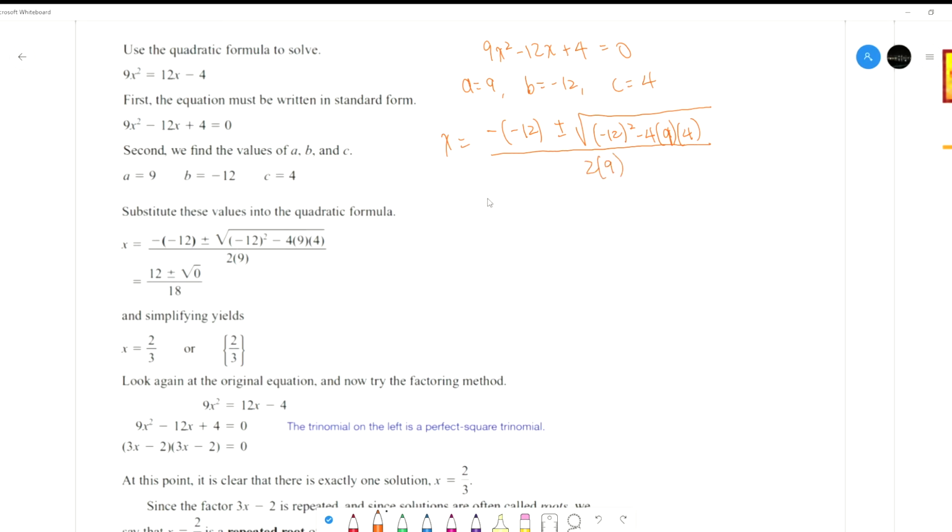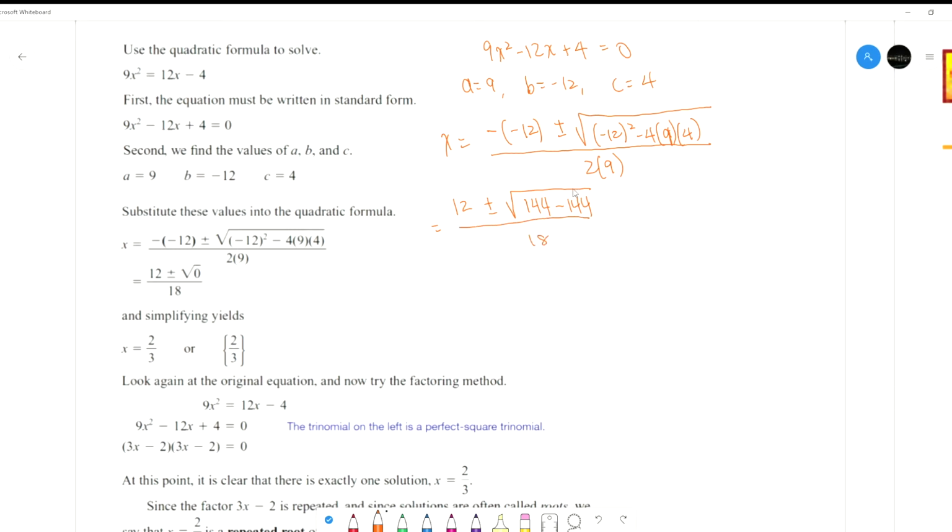Okay, so let's continue this. Negative 12 is positive 12, plus or minus the square root of 144, right? And then 4 times 9 times 4 is 144, so this is minus 144 over 18.